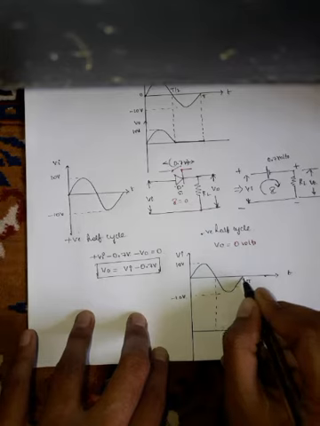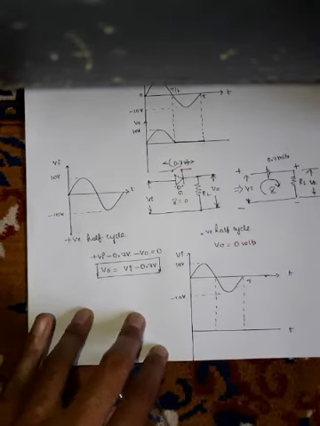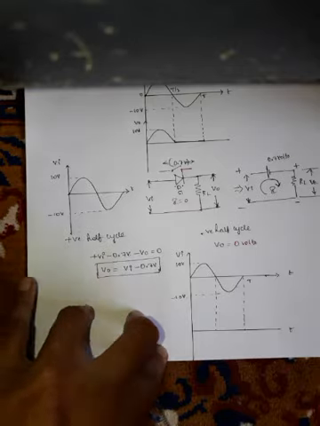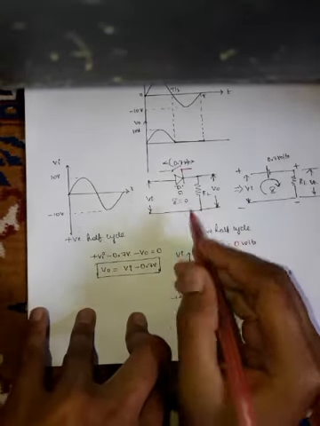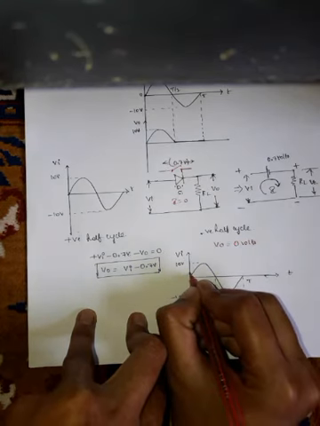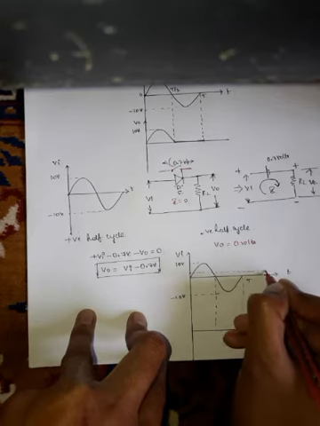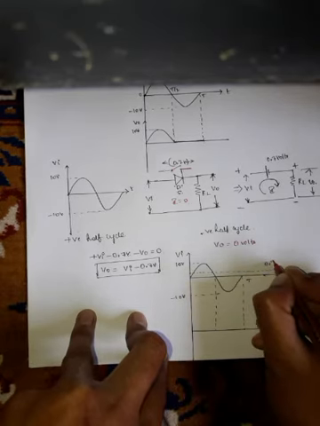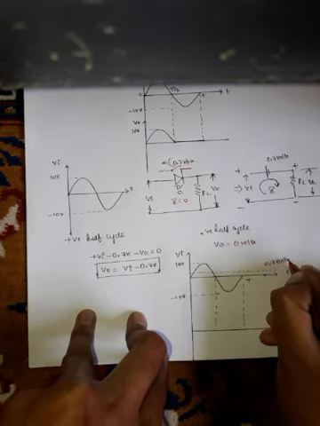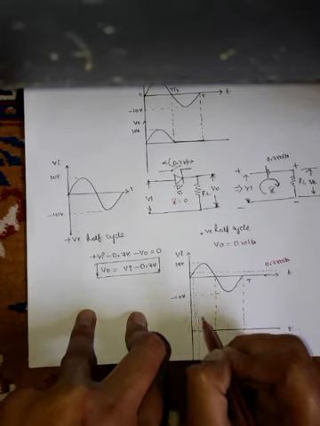As we have considered the diode as a practical one, we need to consider the barrier potential. So here we are having a barrier potential, that is a positive value. I'm going to represent that in this waveform. This is the barrier potential, 0.7 volts. So I'm going to draw the line parallel to this.